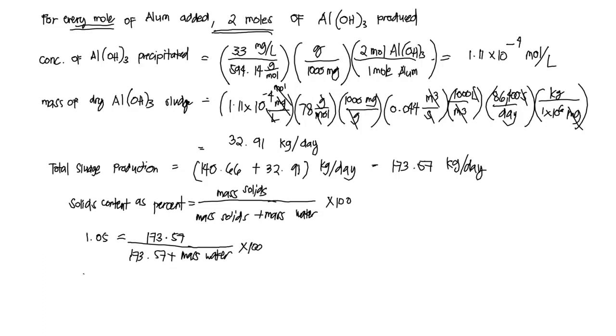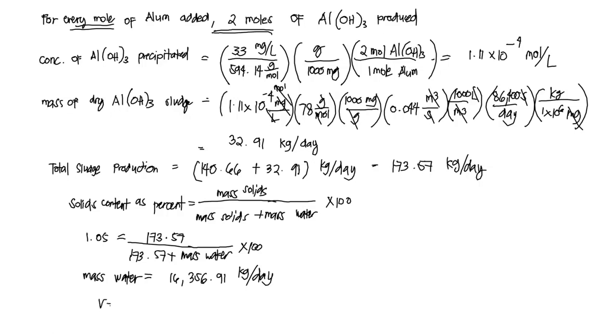So for the mass of water, we have 16,356.91 kilograms per day. Now we can solve for the total volume.